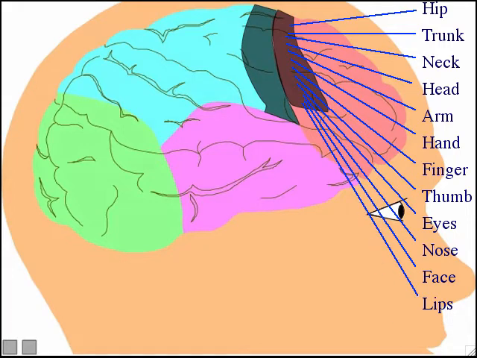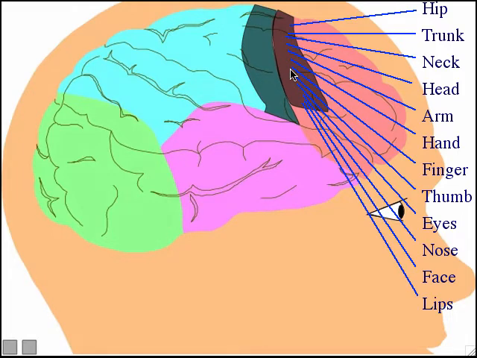So just to give an example, let's say for some reason you wanted to move one of your fingers. What this map is telling us is that the region right there of the primary motor area, where it says fingers, is where the motor signals to move your fingers get generated.